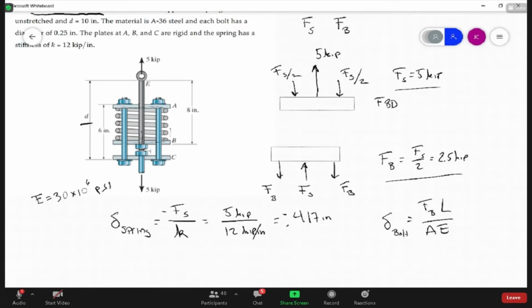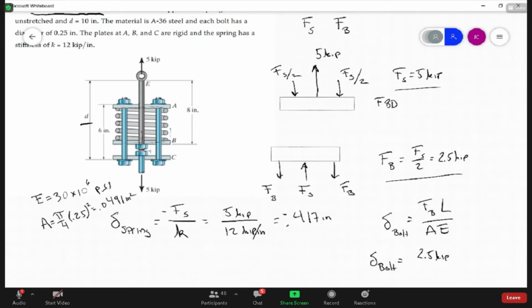Each bolt is a 1/4 inch, and so that area is 0.0491 inches squared. So we can get the elongation of the bolt. Again, that's going to be elongation because the force is a tensile force in there. You can see that from the free body diagrams. And it's 2.5 kips, because this free body diagram shows you that.